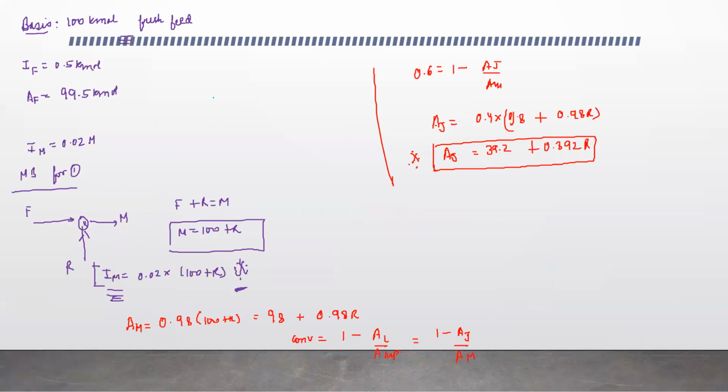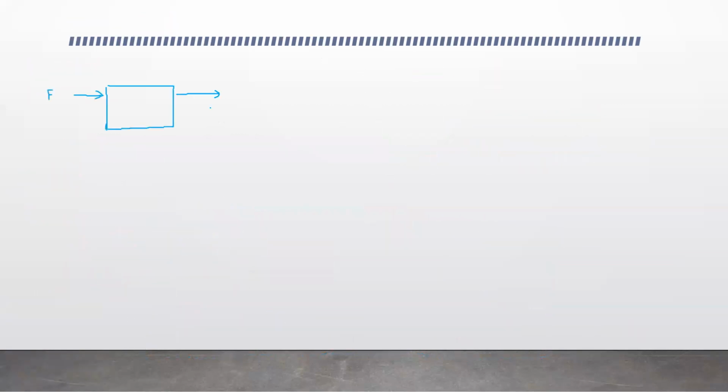And if we draw this blue diagram that we have got for now, we have F going in. We have the product stream, let's call it D, and we have the purge stream coming out from here. Now we have inerts in the purge stream and in the feed stream, but no inerts in the D stream.